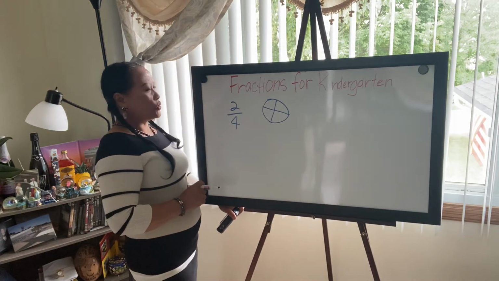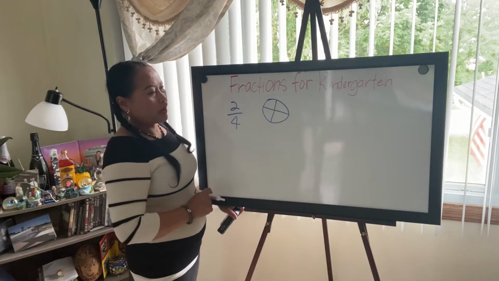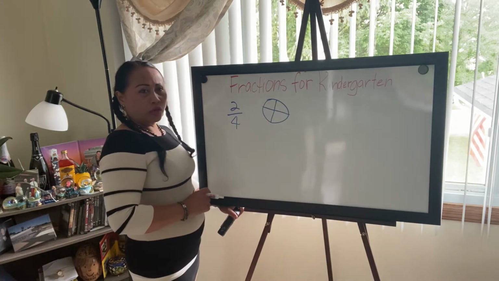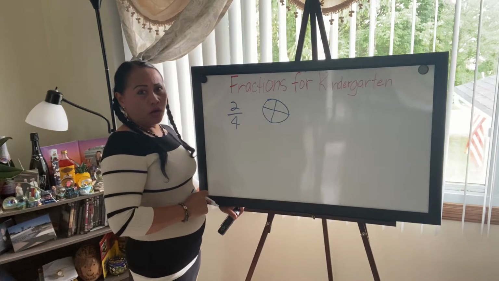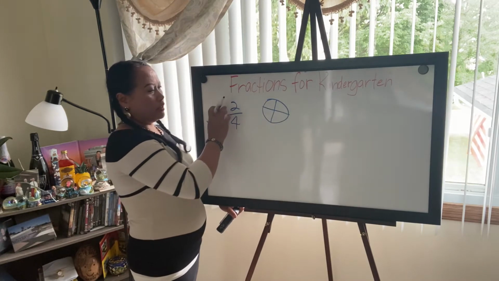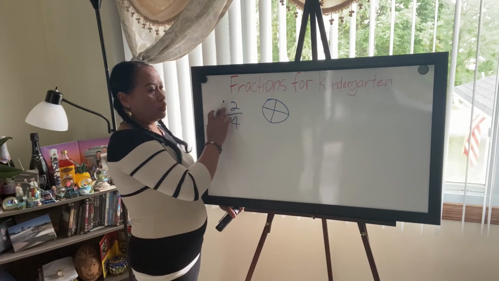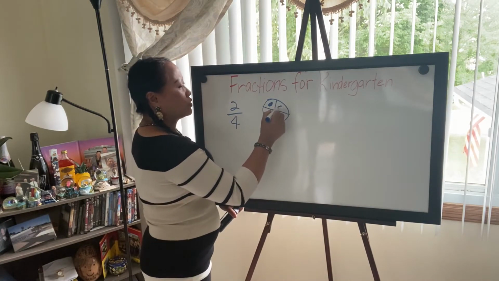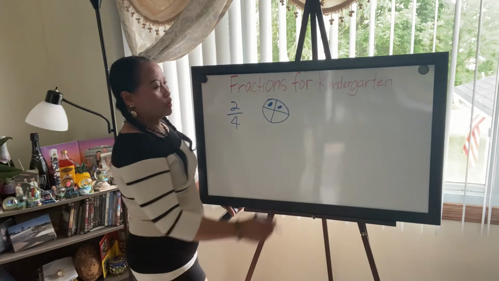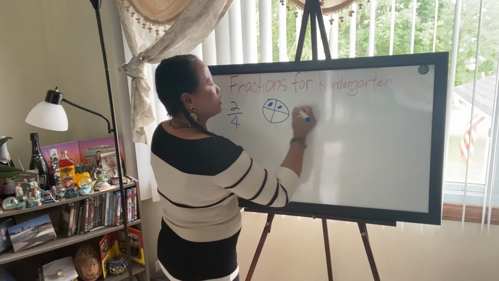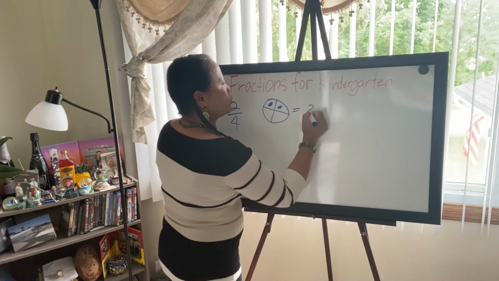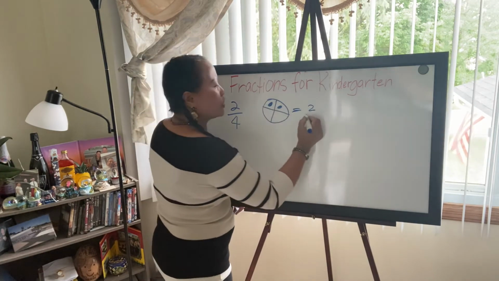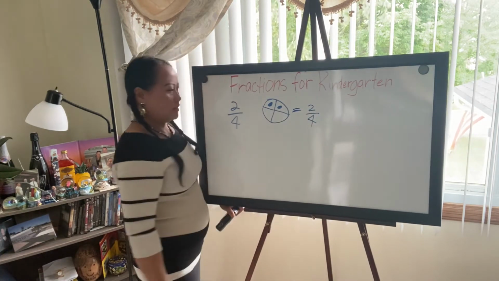Now let's look at the shaded part. The shaded part is always on top. The numerator is a part of a whole. So we will shade this. 1, 2. So the shaded part is 2, and then you count all 1, 2, 3, 4, and then that's okay.